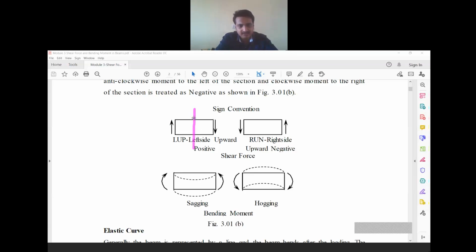When I am standing at this section, when I see an upward facing load to the left of my beam, I will consider that as positive, as well as if I see a downward pointing load to the right side of the beam, I will consider that as positive.